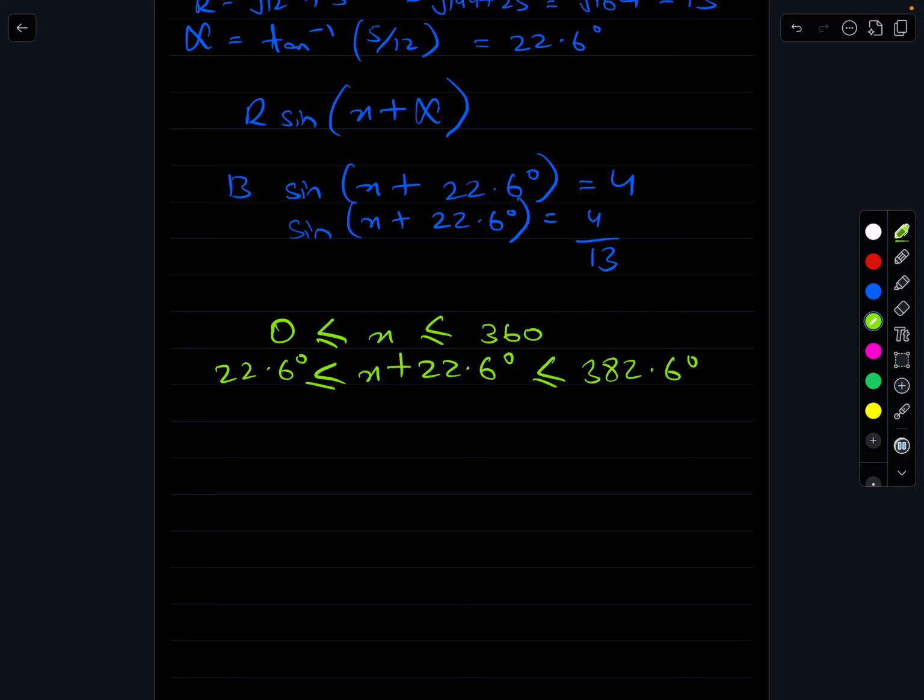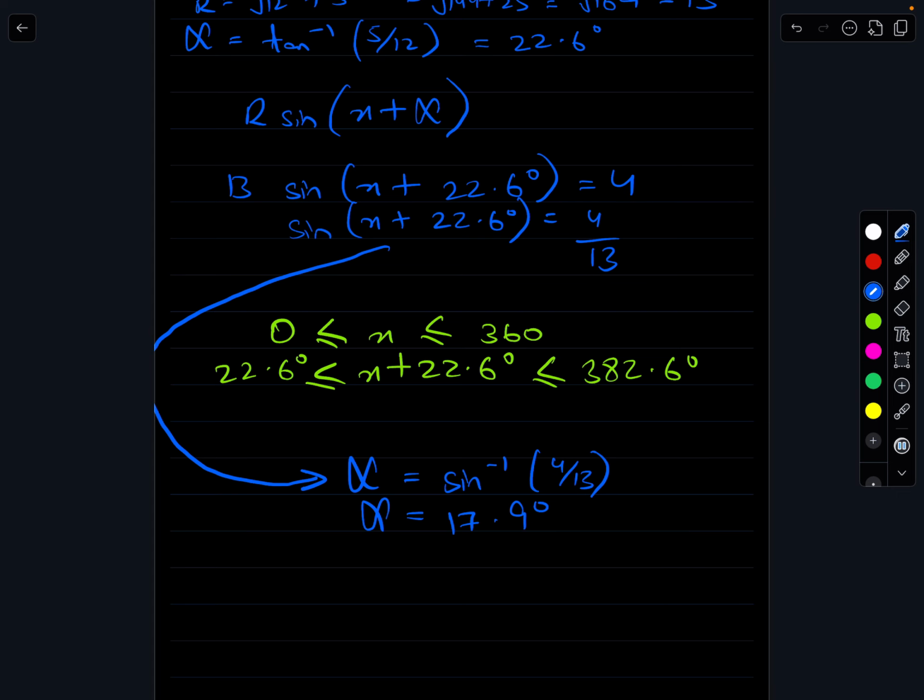We'll solve for alpha. So alpha is sine inverse of, this whole thing was replaced with alpha, 4 over 13. And alpha turns out to be 17.9 degrees.